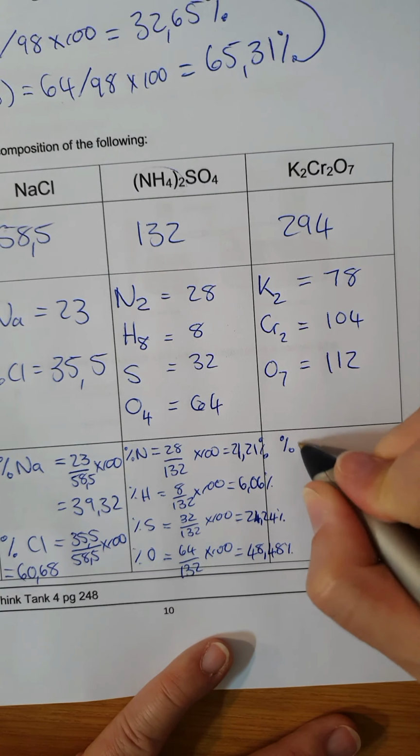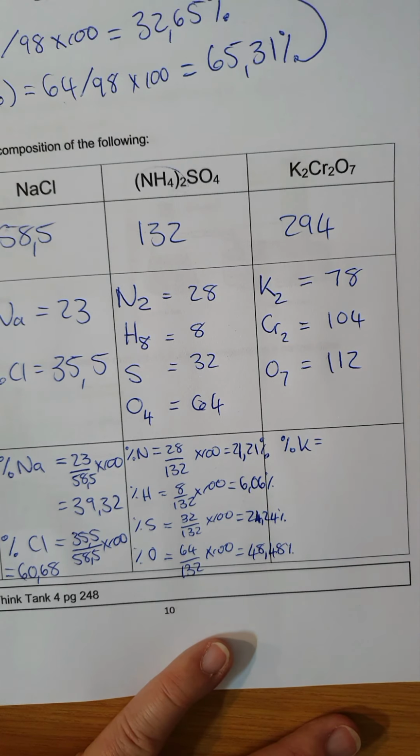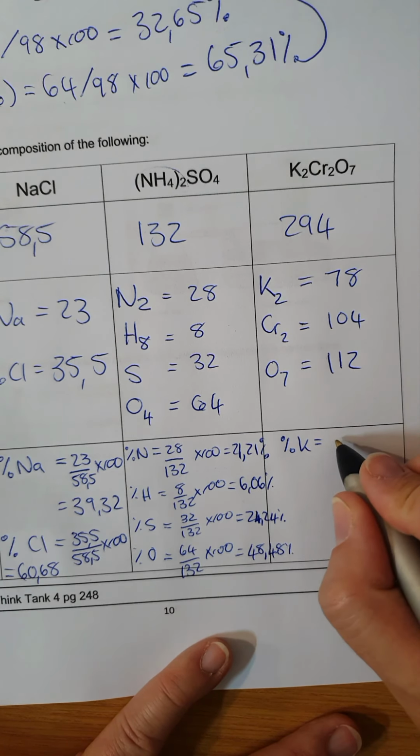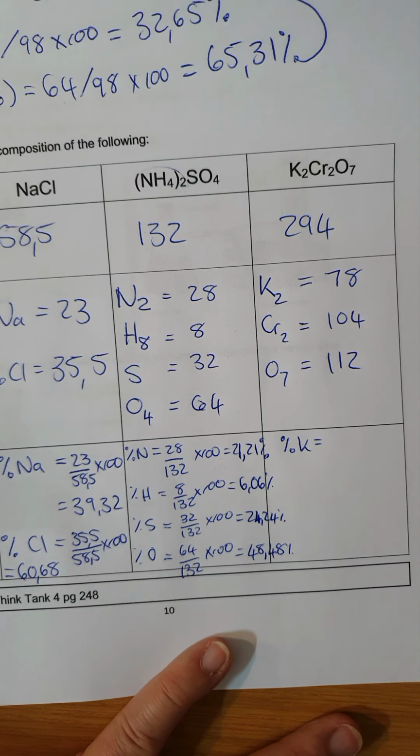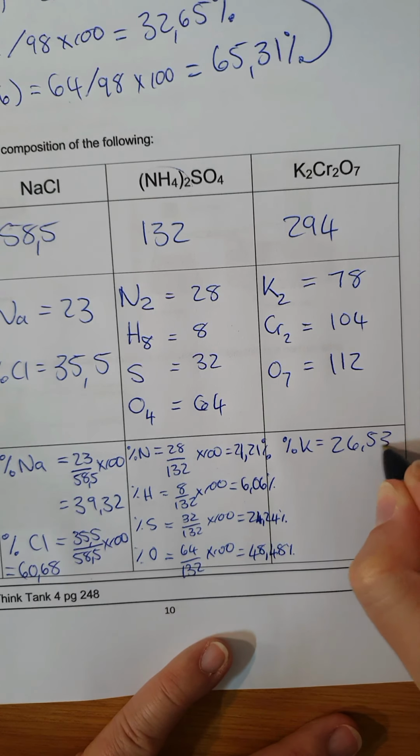This time I'm just going to leave out all that working out, and I'm going to go 78 divided by 294. And I get, oh gosh, I thought this was weird. I forgot to times by 100. 26.53.